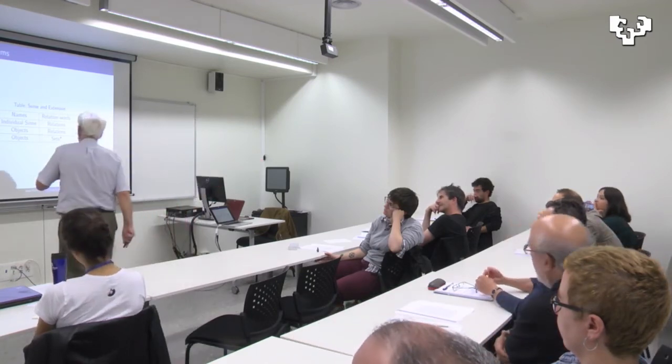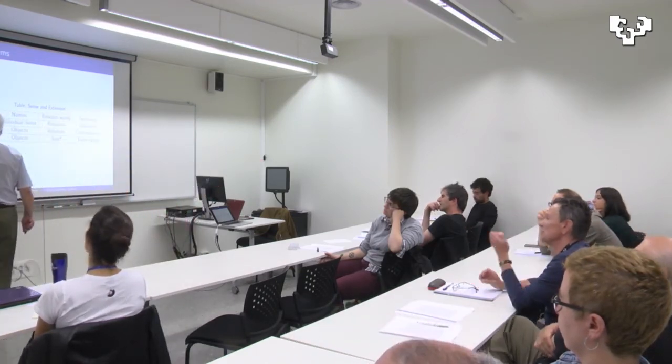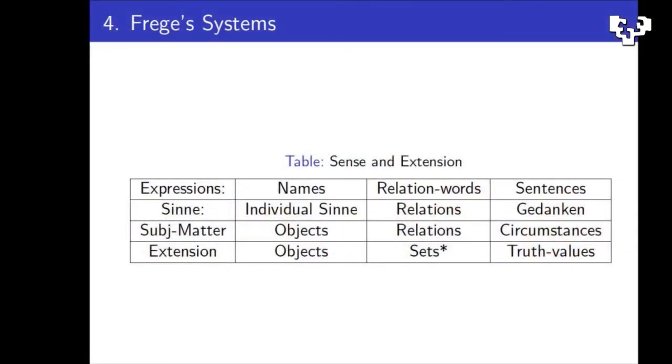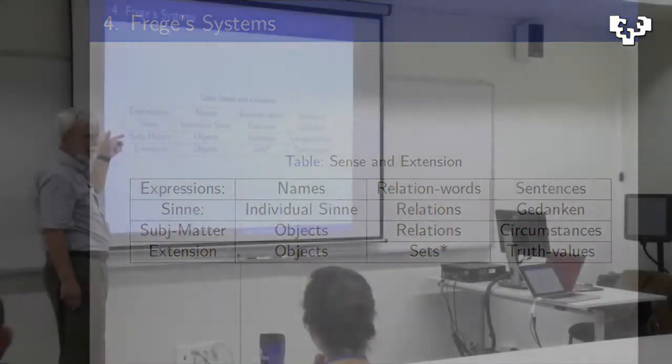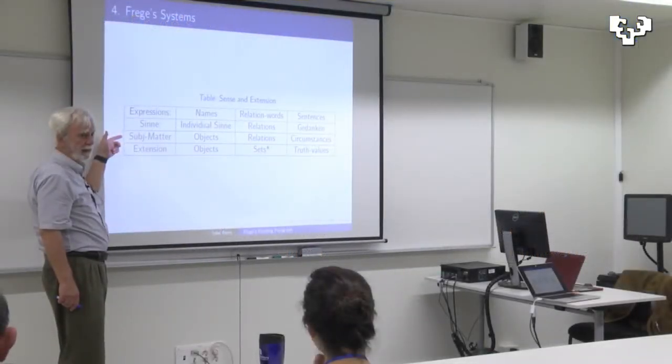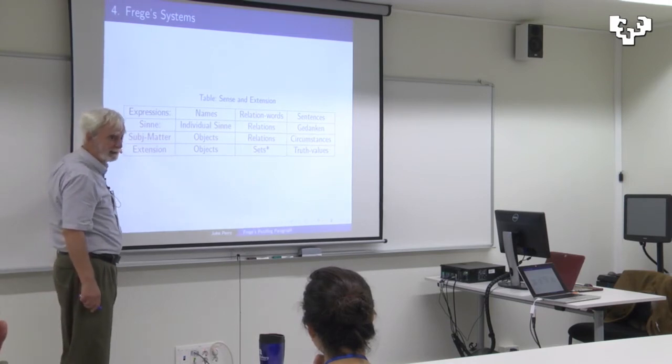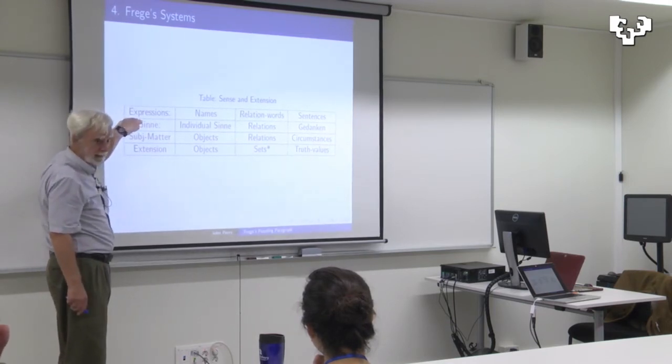I claim that the relation is here that Frege in On Sense and Reference is essentially dealing with senses and extensions. I claim he needs subject matter in Frege on demonstratives, because when you deal with indexicals, you don't get a sense.